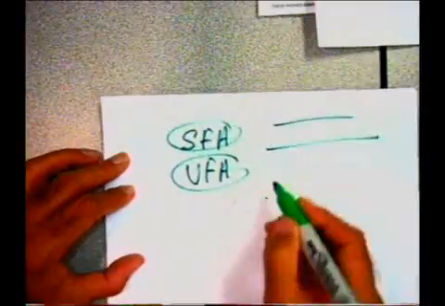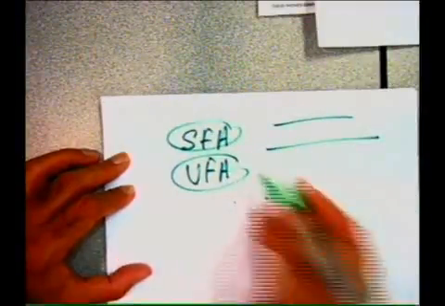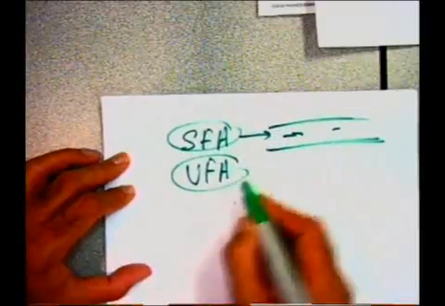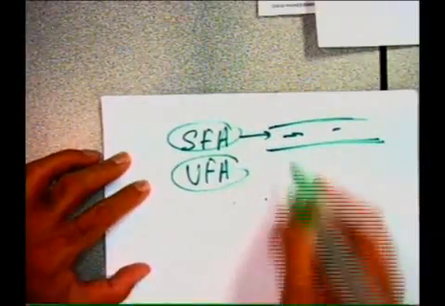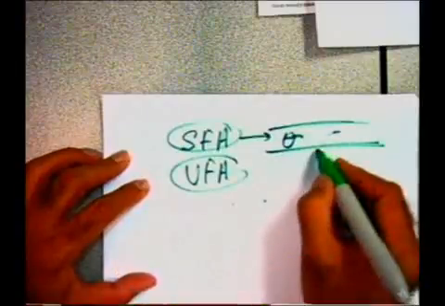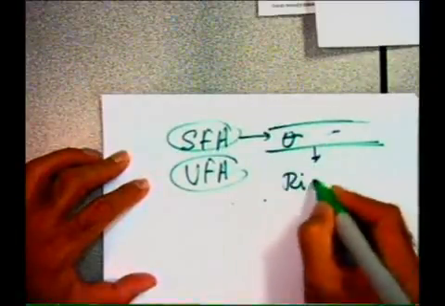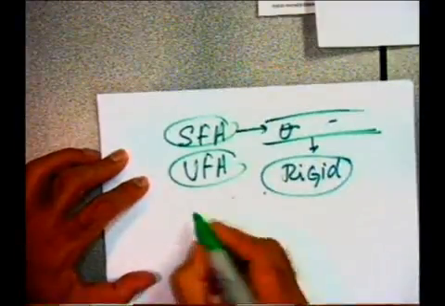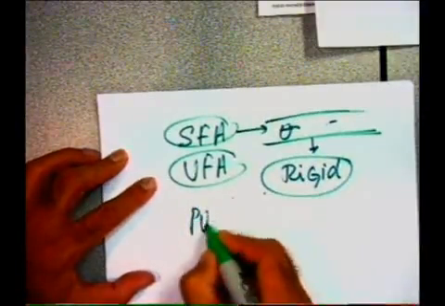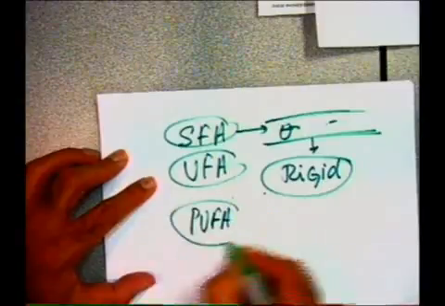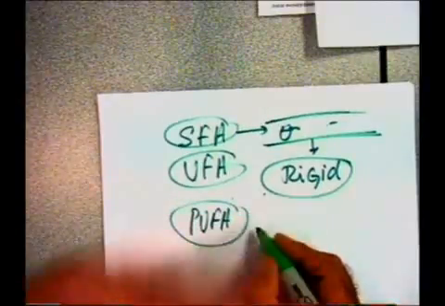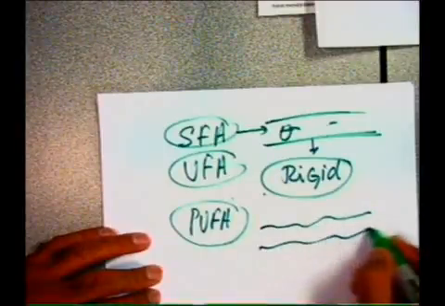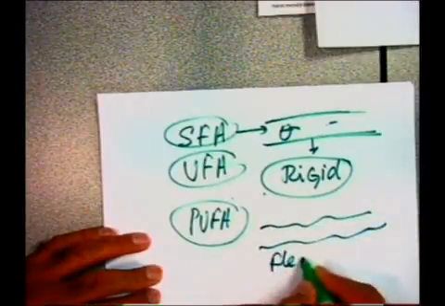Okay, the lipid bilayer membrane. If your membrane is made full of saturated fatty acids, that membrane with cholesterol and saturated fatty acid is a rigid membrane. Rigid membrane. Okay. If you consume a lot of PUFA, or polyunsaturated fatty acids, then your cellular membrane eventually becomes flexible.